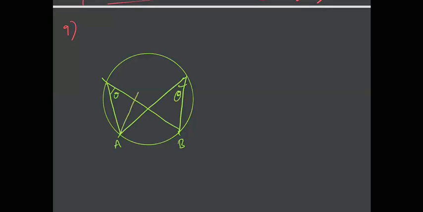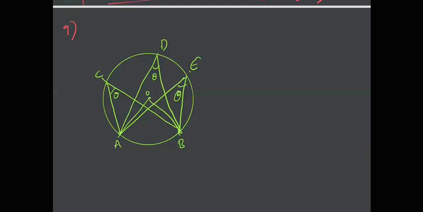So all these angles are equal. Okay, why? Because we know that if this angle is theta, then angle AOB is 2 theta, and if angle AOB is 2 theta, then angle ADB is theta and angle AEB is theta, right? So an arc subtends equal angles at all the points on the circumference.